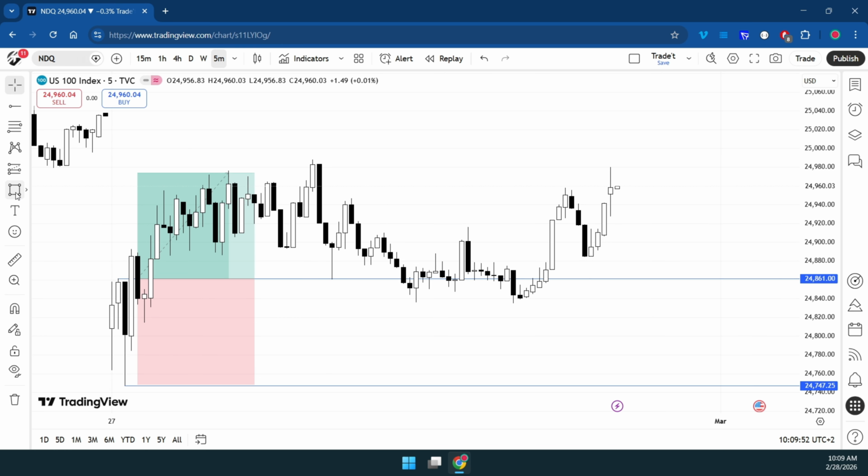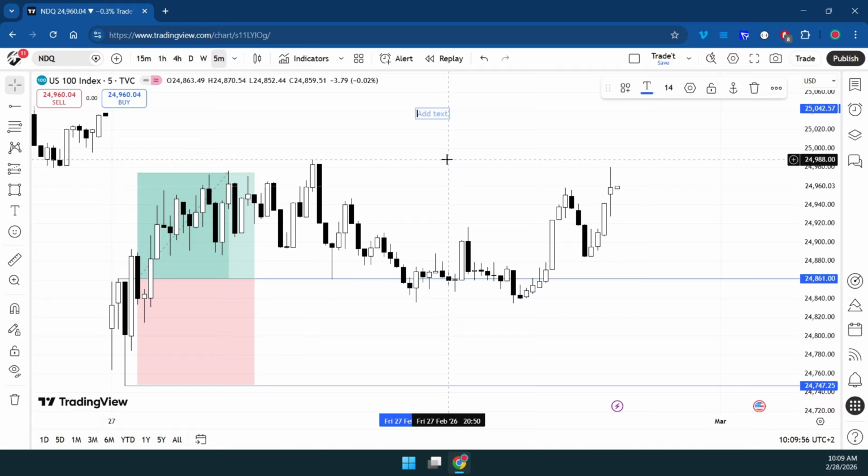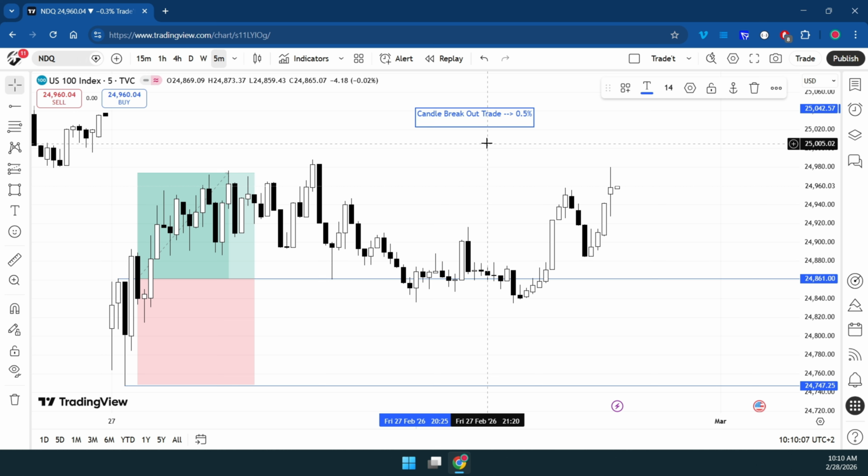So if I just take some notes, I have a candle breakout trade that would generate for me around 0.5% at the end of the day.